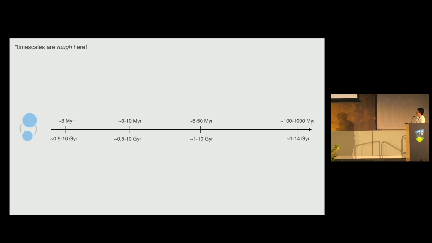Good, okay, so you start out with a binary. The most massive star is going to first exhaust the hydrogen in its core. When it does so, its radius is going to expand significantly as it climbs the giant branch. And when it does that, because it has a companion, it can fill its Roche lobe. One thing that it can do when it fills its Roche lobe is just continue to stably transfer mass.